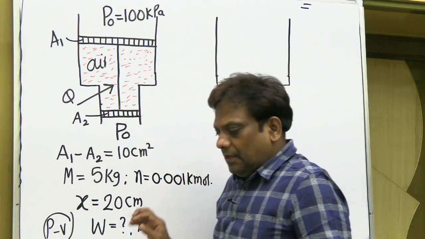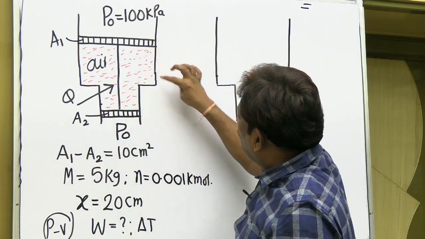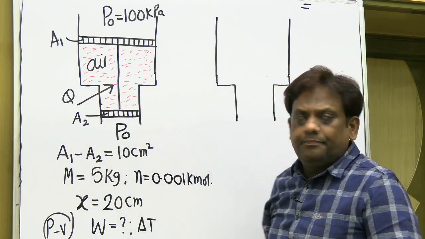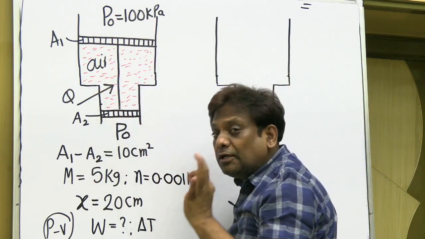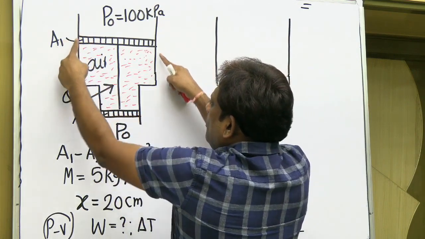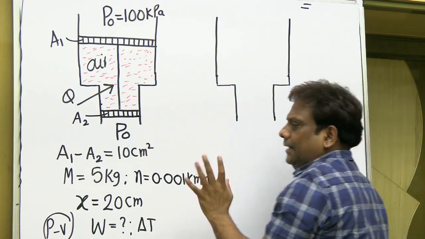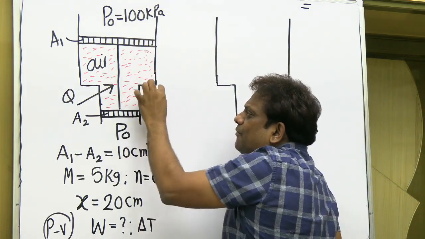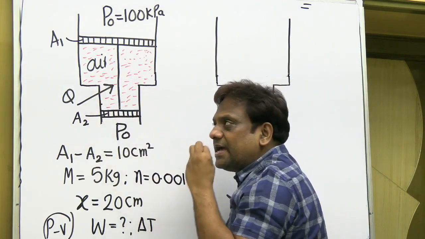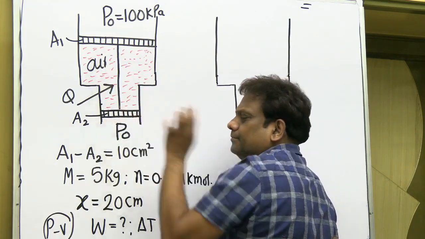Now, very good question. There is a smooth vertical tube. This is the vertical tube, but of different cross sections. See, the tube of different cross sections, and this tube with different cross sections is equipped with two pistons with a thin rod.